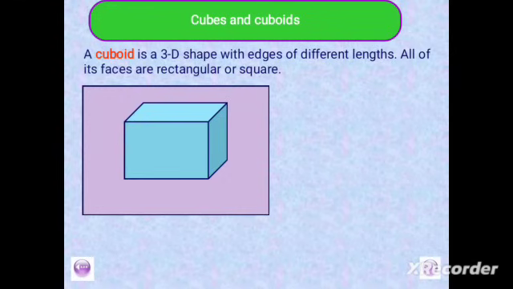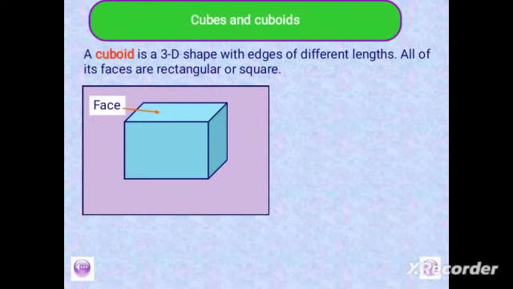So moving to another subtopic on cubes and cuboids, we find out that a cuboid is a three-dimensional shape with edges of different lengths, and all of its faces are rectangular or square. So the diagram here is a cuboid, and now we want to look at some of the features of a cuboid.